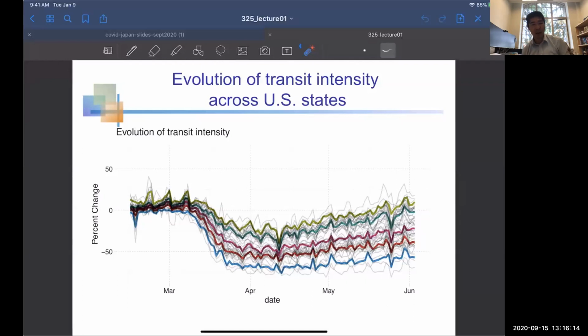What's that supposed to mean? Well, if you're trying to analyze that, you have to take that into account. So visualization is very important to understand what we have to do when we analyze. If we do any analysis using this data, we have to take into account that we have a weekend effect. So you can add a weekend dummy, or in this case, you can actually take the 7 days average so that you can smooth the weekend effects.